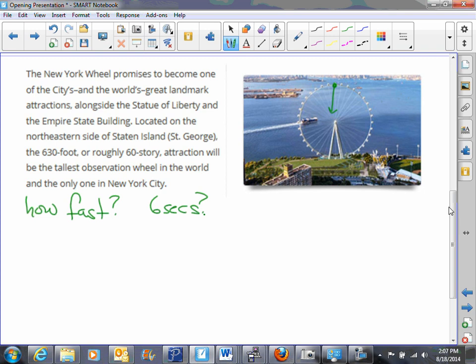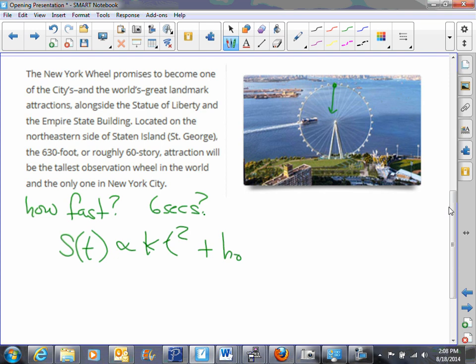What Galileo discovered was that the distance, we'll call it S of t, the distance above the ground, is directly proportional to some constant times the square of the time, plus of course the original height of the object.